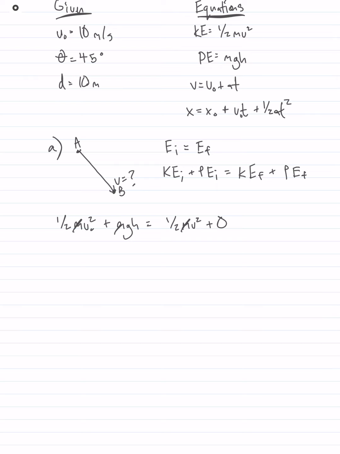We can multiply everything by 2, which will give us v0 squared plus 2gh is equal to v squared. Okay, and we can get rid of that squared and just take the square root of this. Now, we're missing what the height is. So we have the distance, 10, but what's the height?